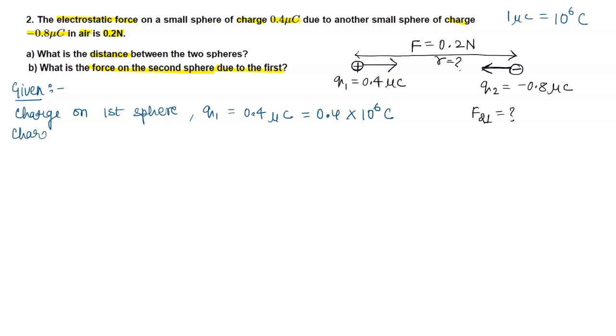The charge on the second sphere, Q2, is minus 0.8 microcoulomb, which is minus 0.8 into 10 to the power minus 6 coulomb.